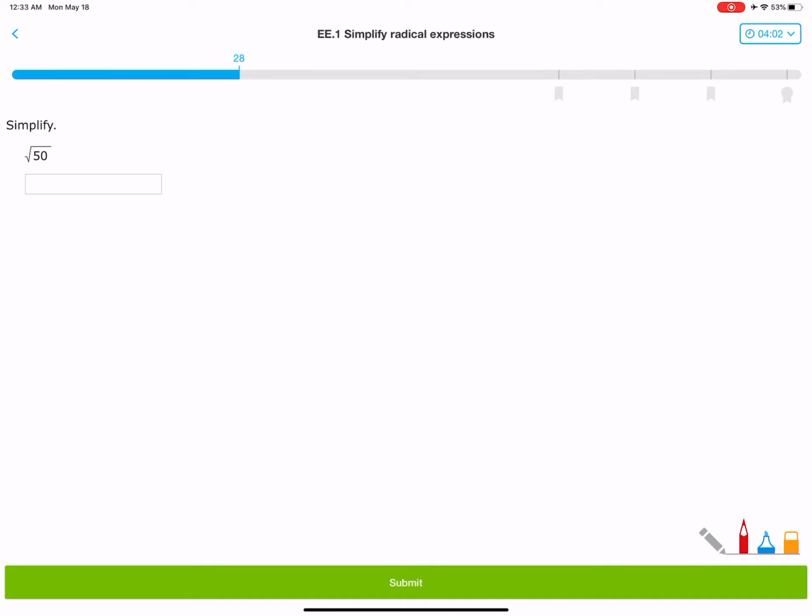Square root of 50. So let's think. 2 times 25. Okay? Square root of 2 times 25. I'm going to rewrite it as the square root of 2 times the square root of 25.